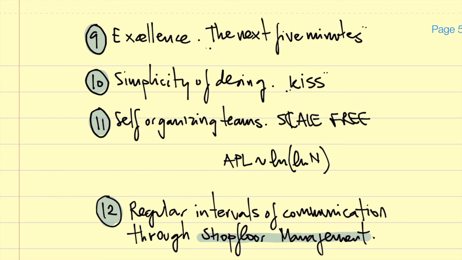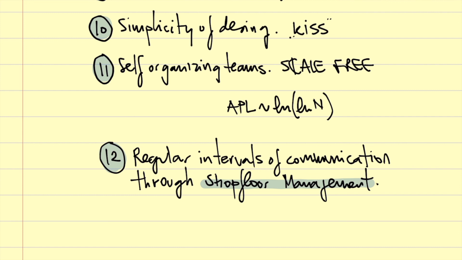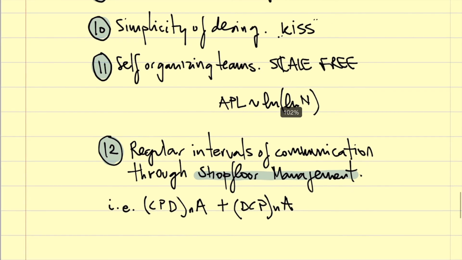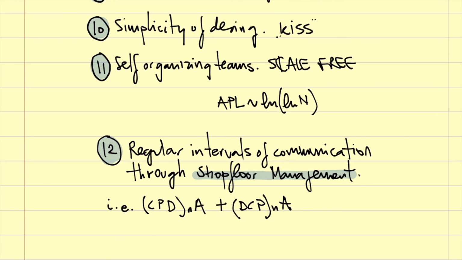Okay, so here we focus on regular intervals of communication. The example I'm going to give you is going to be based on the CPDNA. Make sure you review that. And the so-called DCPNA, one is for process, one is for project management. You can find that information in the previous lectures. Okay, we will see examples of this as of next week.